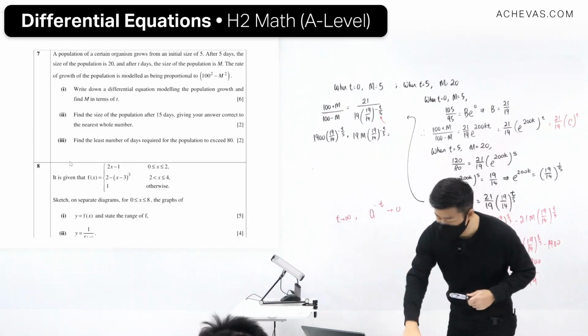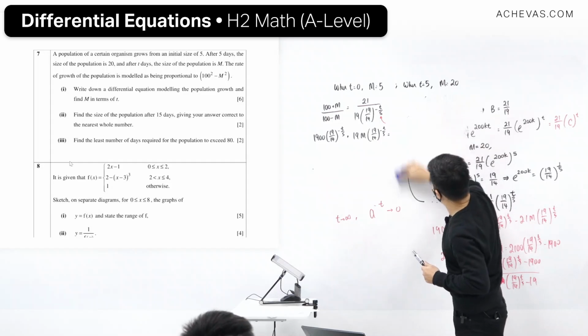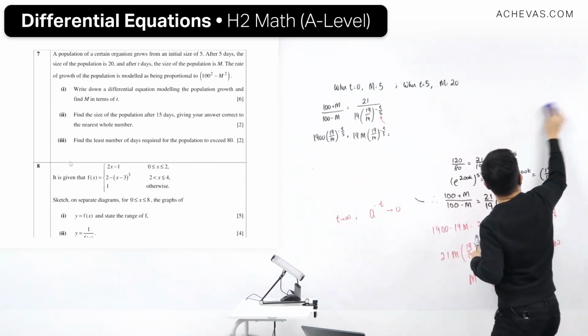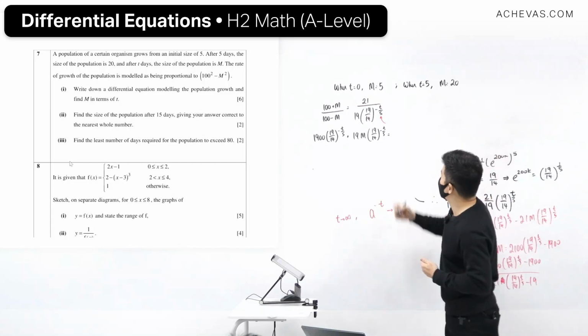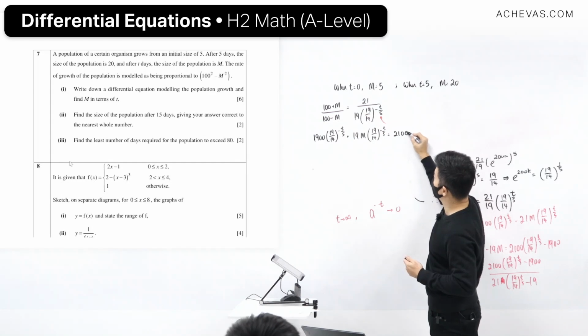This is going to be equal to, let me erase this, we don't need this anymore. This is going to be equal to this times this. We have a 2100 minus 21m.